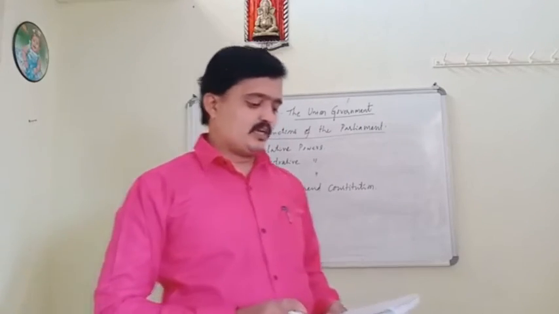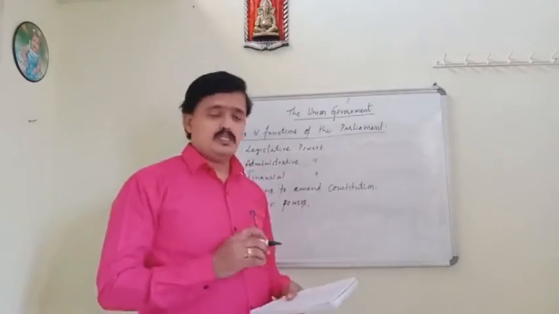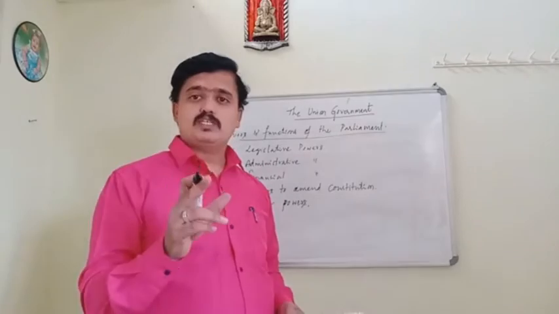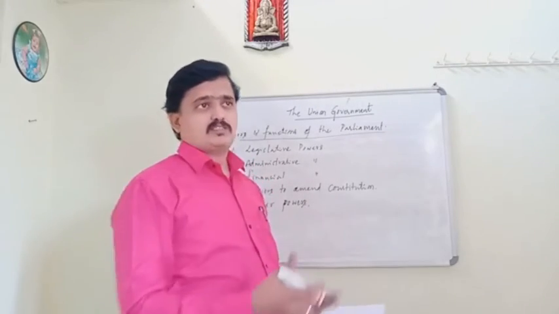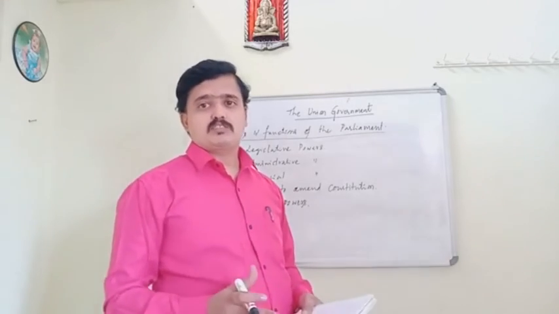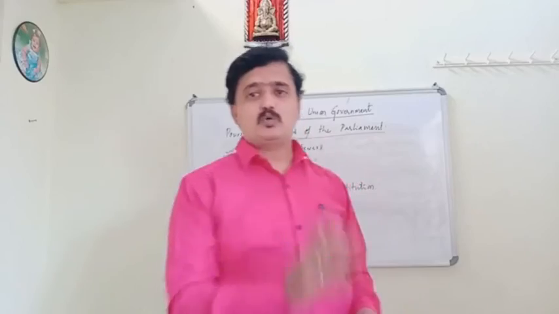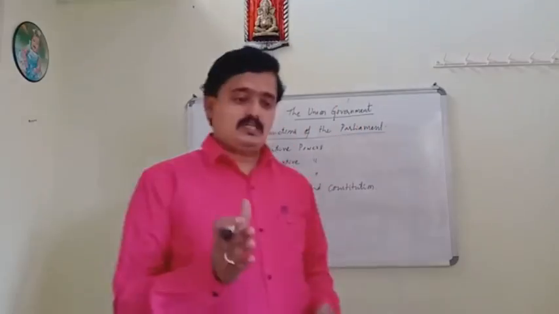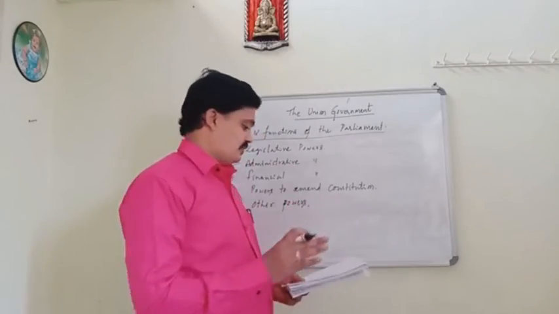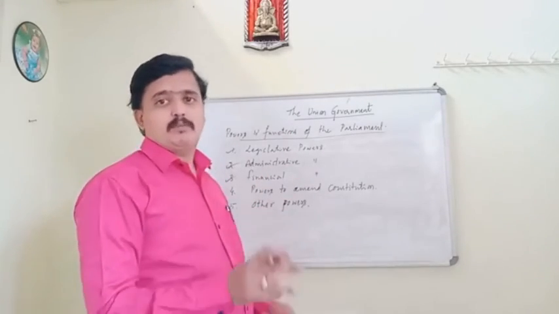And here the government cannot levy any tax or spend money without the approval of the Lok Sabha. To spend money or to levy a tax, the Lok Sabha's permission is mandatory here. So without the permission of the Lok Sabha, the government cannot levy any tax or spend money here. So its permission is mandatory here.